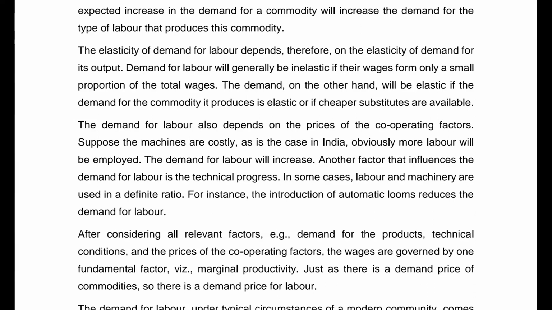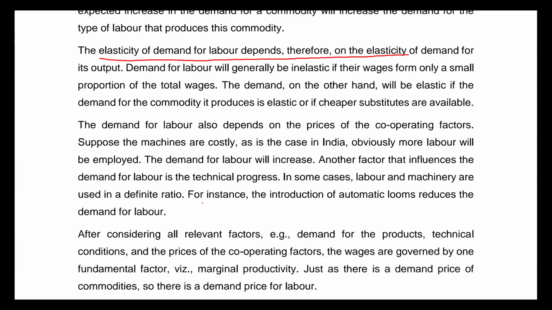You're saying that the elasticity of demand for labor is heavily dependent on the elasticity of demand for the output. For example, the demand for labor will generally be inelastic if wages form only a small proportion of the total cost.